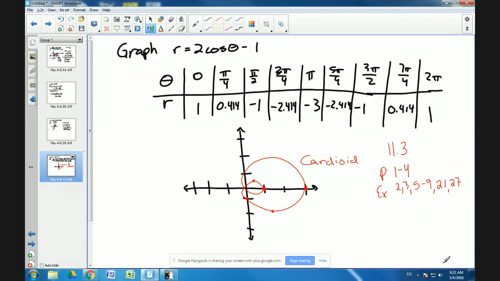I tried to pick Chapter 11 shapes that are kind of similar to what you might see on the AP exam. We don't really throw anything much difficult at you, but there are a variety that they do put on there.